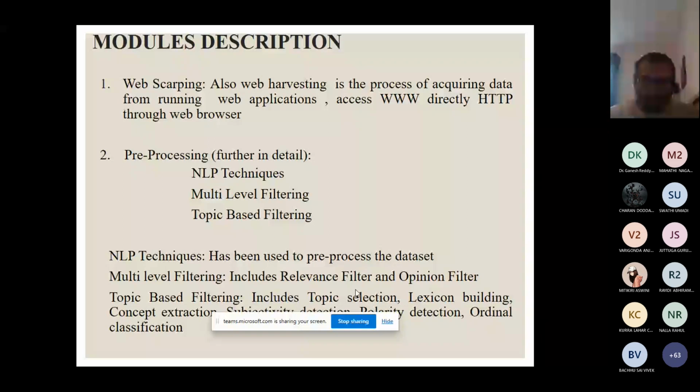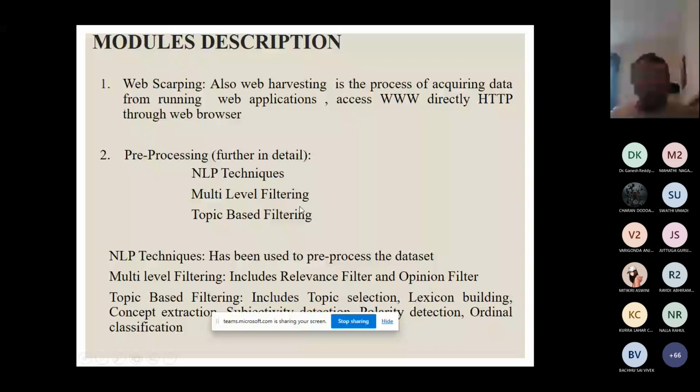If the train is going from one place to another, like Hyderabad to Vijayawada, what are the facilities in terms of punctuality, staff behavior, security, cleanliness, food quality? That is my relevant data, and I want only opinion tweets, not other tweets about budget or platforms and all those things. So this is one technique of multi-level filtering.